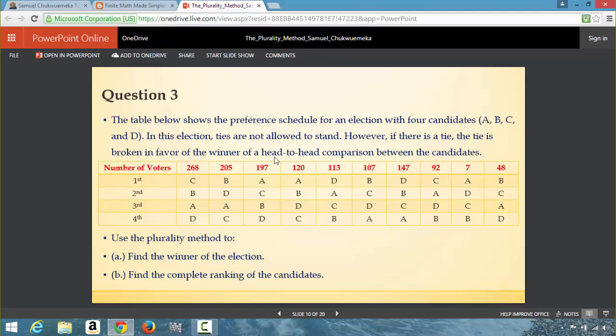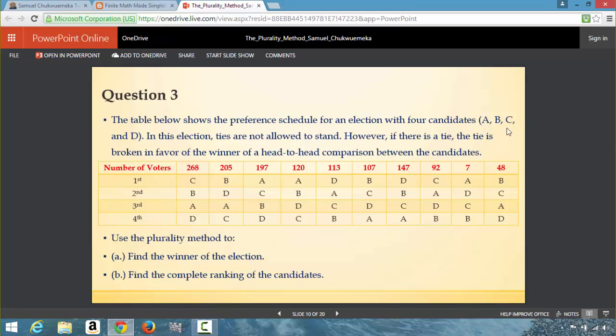In this case, what do I mean by head-to-head comparison? Head-to-head comparison is also known as pairwise comparison. That means you have to match each candidate against every other candidate.